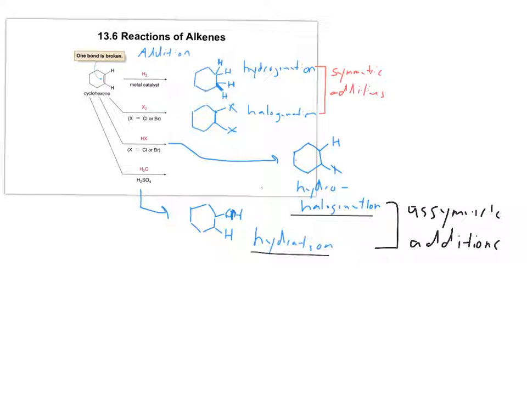In this particular example, this carbon is bonded to 2 carbons. Carbon here is bonded to 2 carbons. So where the groups go, the groups could go to either carbon because the carbons are equivalent. They're both secondary carbons. In the next part of the lecture, I'm going to describe the rules for how you predict what goes where when these are not equivalent carbons.